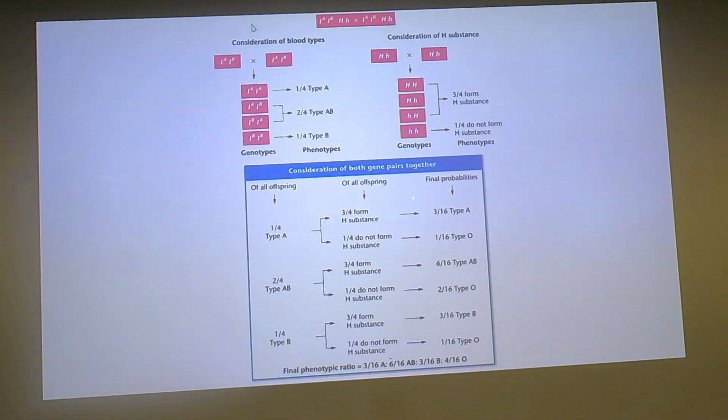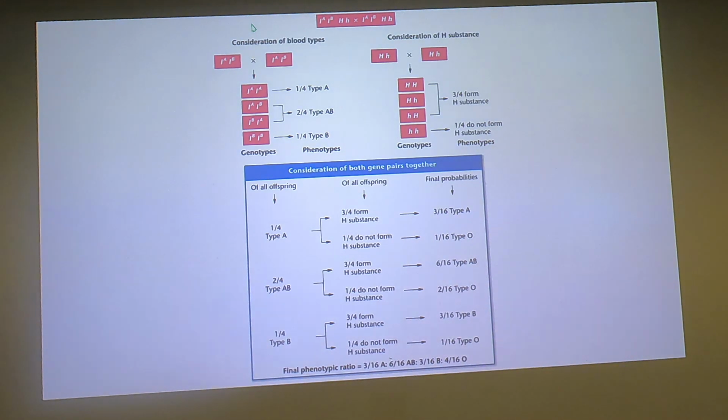So they will be blood type A. But 1/4 of them are not going to have the H substance, so they won't express this. They've got the enzymes that would just love to attach those carbohydrates onto the glycoprotein, but they can't.